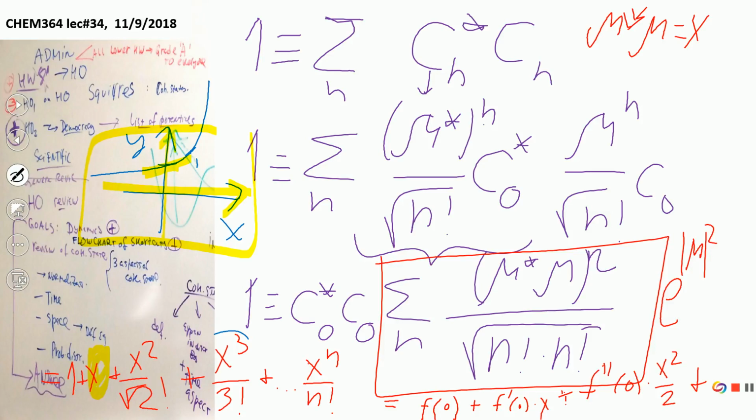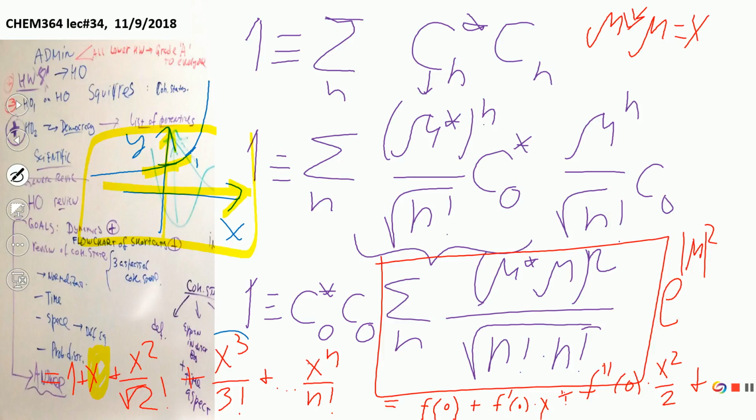So it is the main take-home message from your talk. 1 plus x plus x squared over 2 is a Taylor series for the exponential. And the opposite, if you see 1 plus x plus x squared over 2, it means it can be pulled back into an exponential. So what is this?